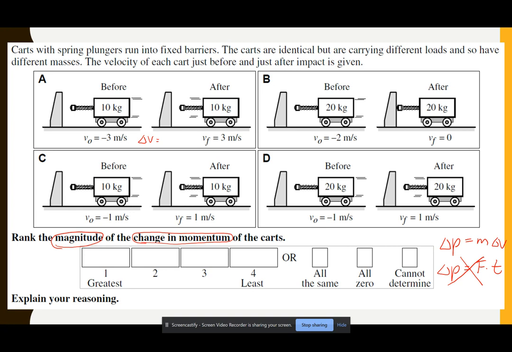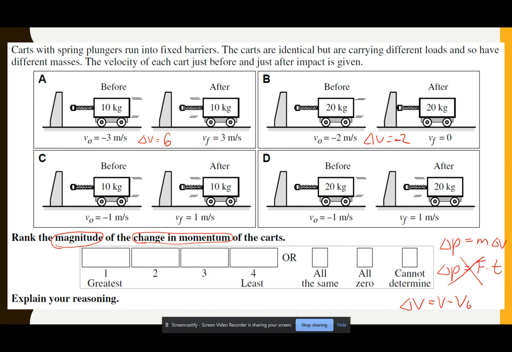Remember, your change in velocity is just your final minus your initial. So it would just be 3 minus negative 3. So your change in velocity in this case would be 6. This would be 0 minus 2. So your change in velocity would be negative 2.